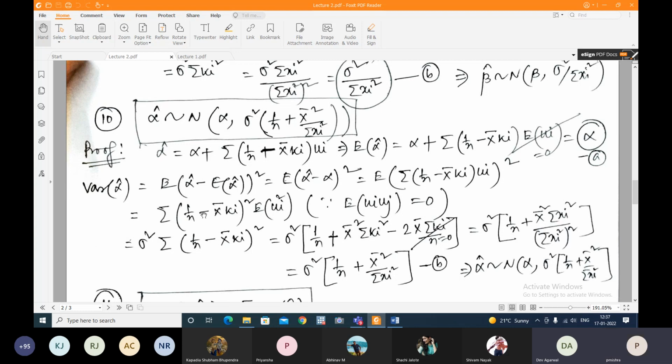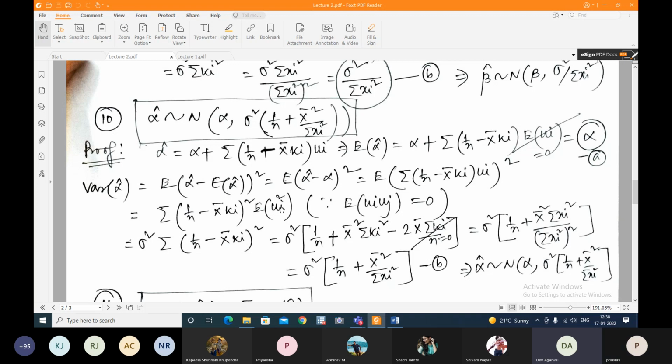And then, this is the non-stochastic component. So when we are taking mathematical expectation, this will be basically coming out of the expectation part, and then we will have expectation of ui square. And expectation of ui square is nothing but the variance of ui.